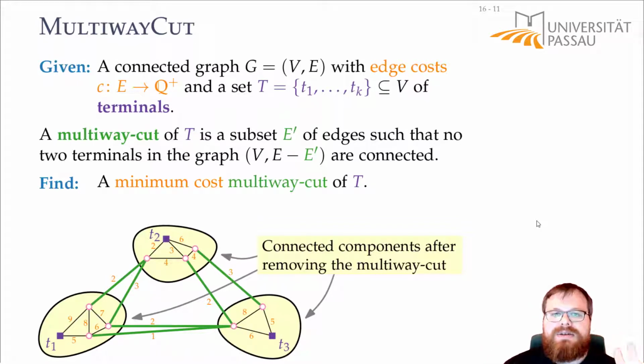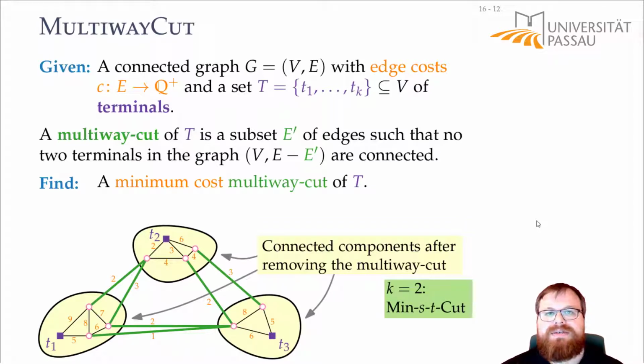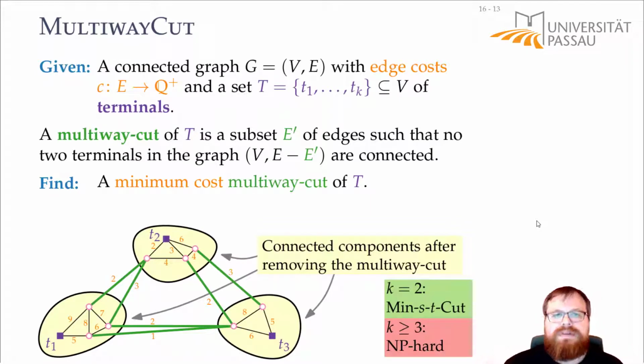If we have exactly two terminals, then this is exactly the min-st cut that you may probably know from some other lectures, where you have two vertices, a start and an end vertex, and you want to find the smallest cut to disconnect them. That is polynomial time solvable by using flow networks, for example. But as soon as you have at least three of these terminals, the problem is already NP-hard.